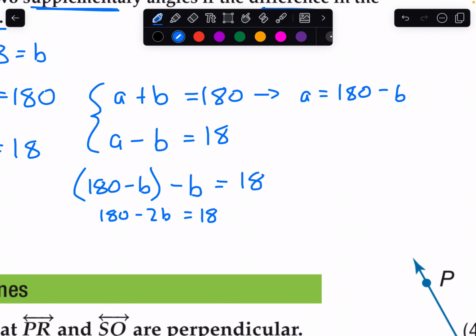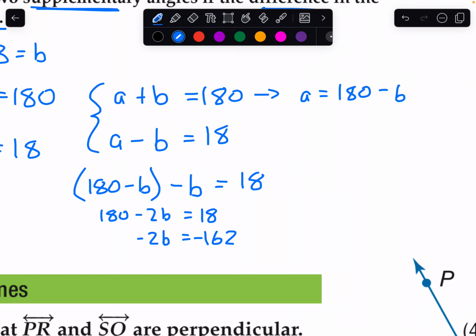Subtract 180 from both sides. Negative 2b equals 18 minus 180, which is the opposite of 180 minus 18. 180 minus 18 will be slightly more than 180 minus 20. 180 minus 20 would be 160. I didn't subtract 20, so I gain an extra 2, 162.